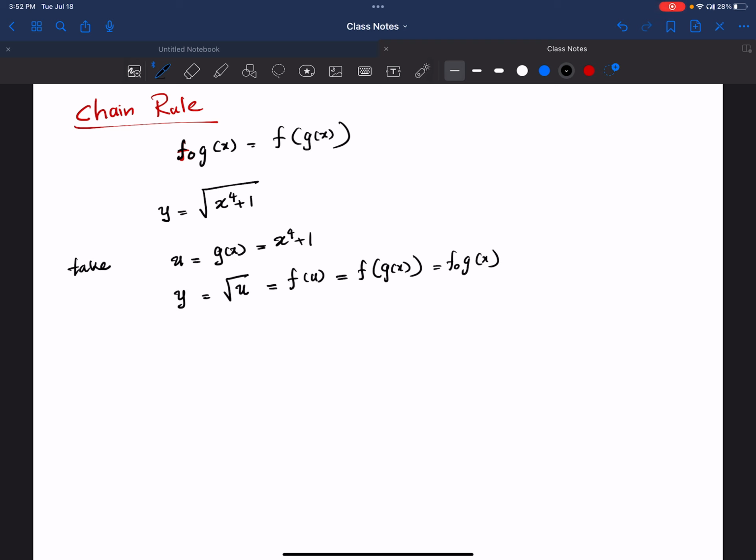So what does this do? g maps x to u, and then f maps u to another function called f of g of x. That's called a composite function, right?